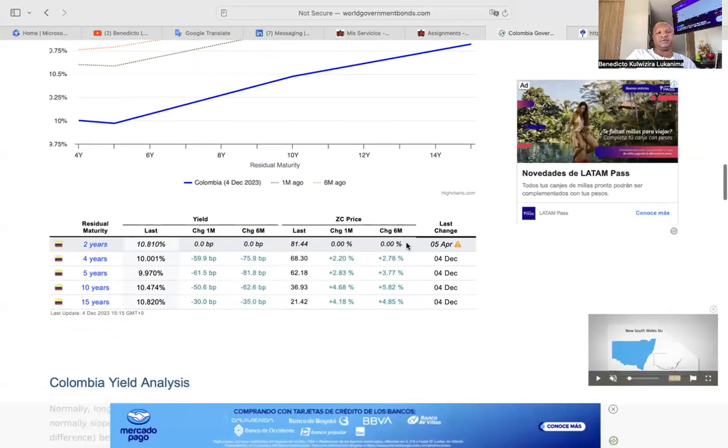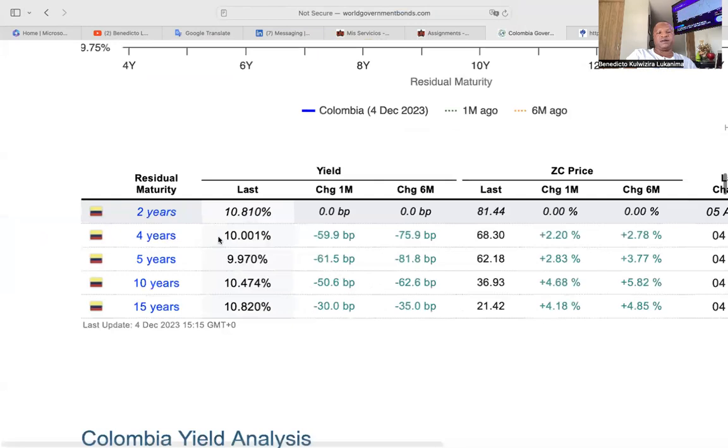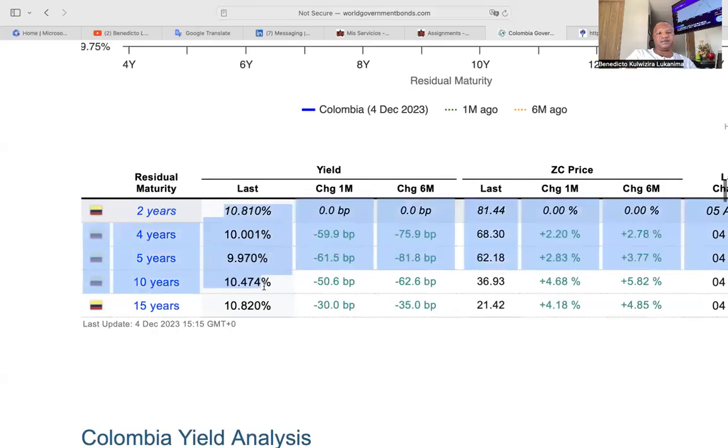And you will see a summary of 2-year, 4-year, 5 years, 10 years, and 15 years government bonds for this particular country. And you have the yield. We are concerned about the last.